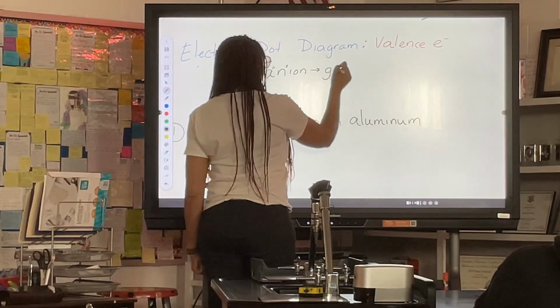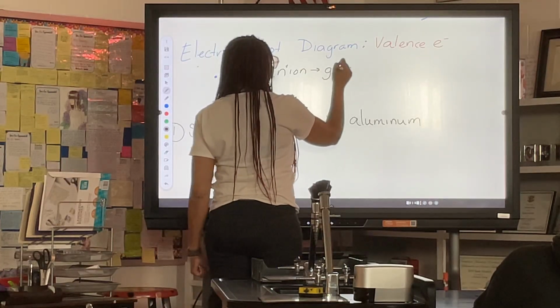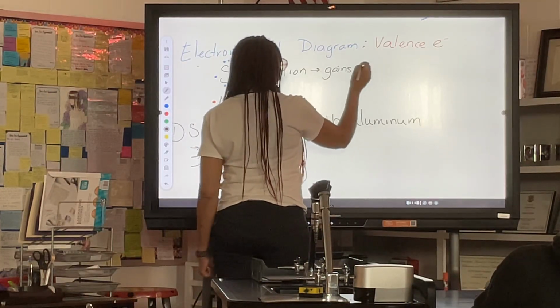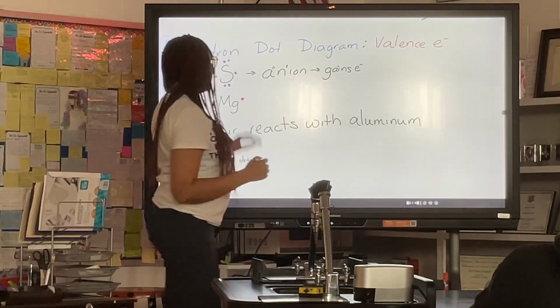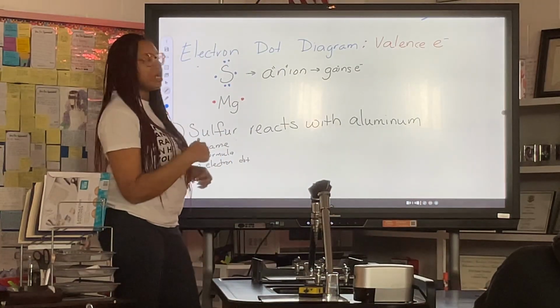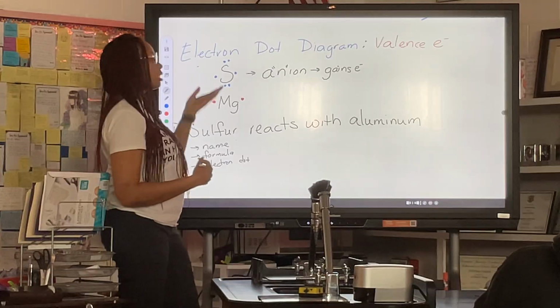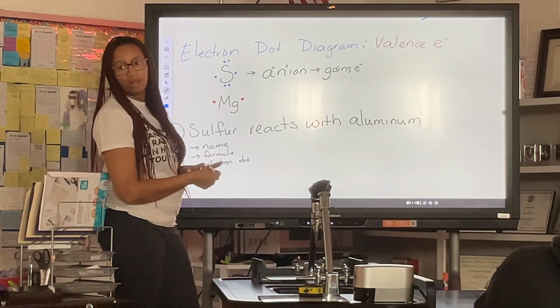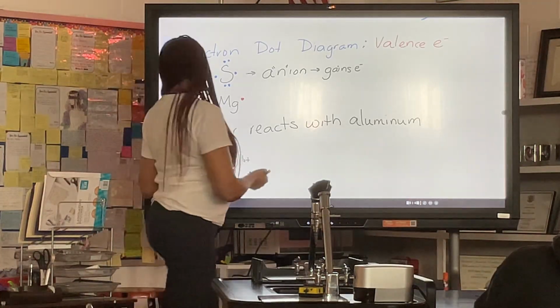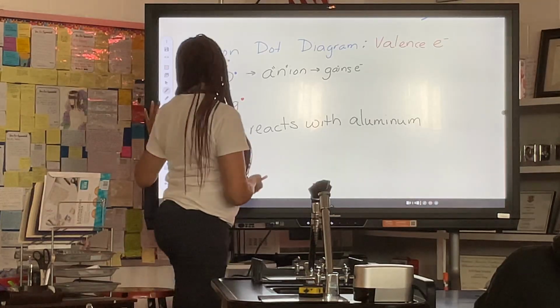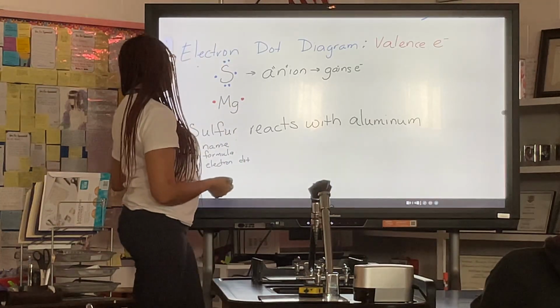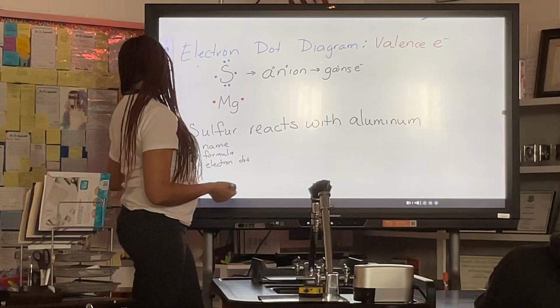Gains. Because remember, it becomes more negative. So it gains electrons. So, how many electrons does sulfur need to gain in order to satisfy its valence shell? 2. So what's the oxidation number? If sulfur becomes an ion, what is its oxidation number?